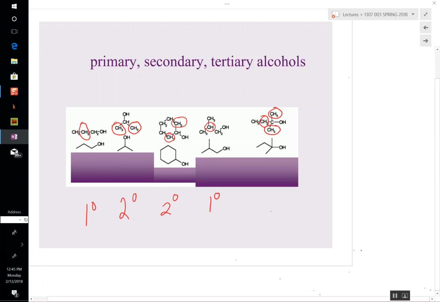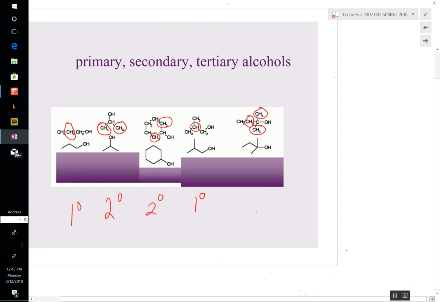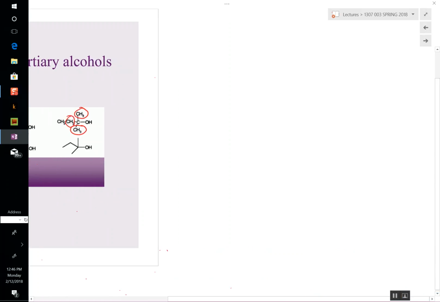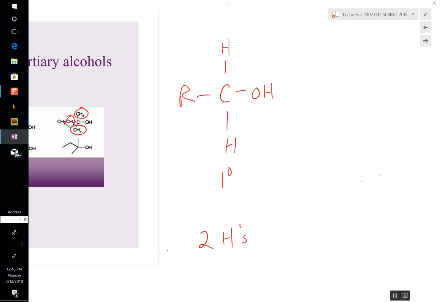And what you'll see with these, generally speaking, this is a primary. And you can see there are 2 hydrogens on there. This is a secondary. There's only 1 hydrogen.